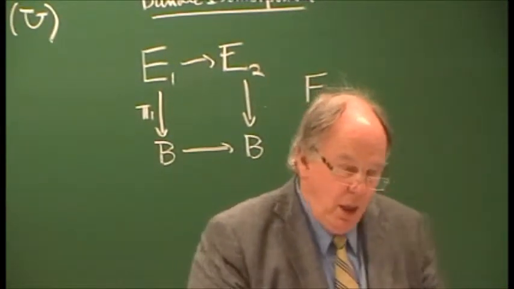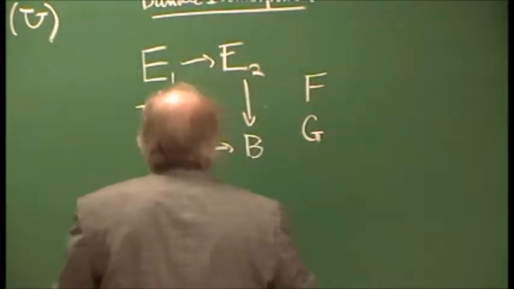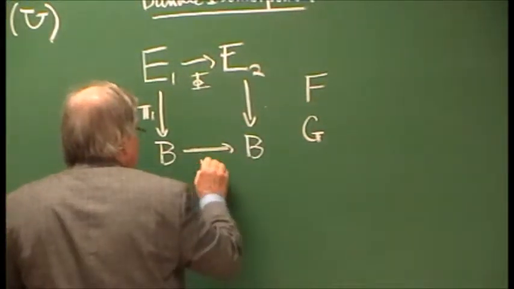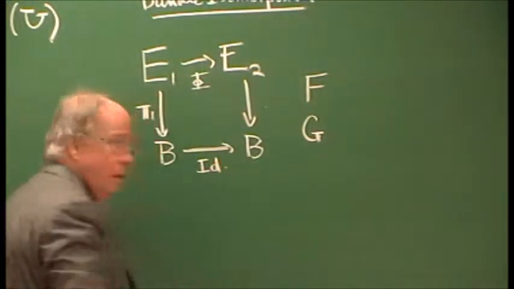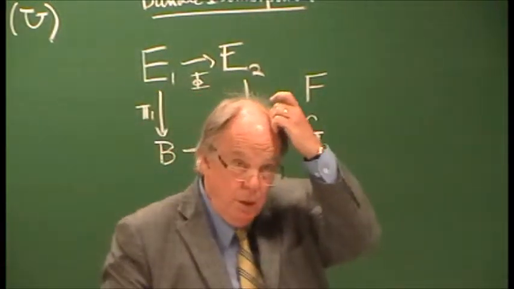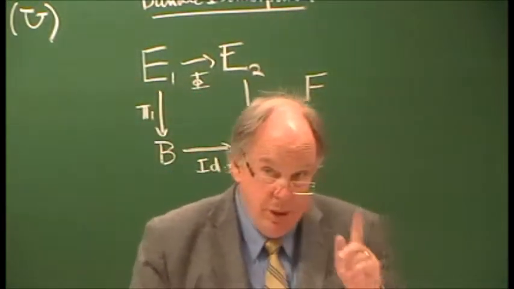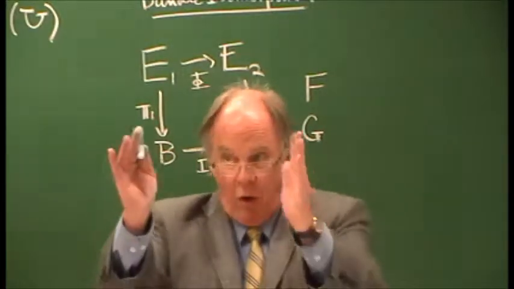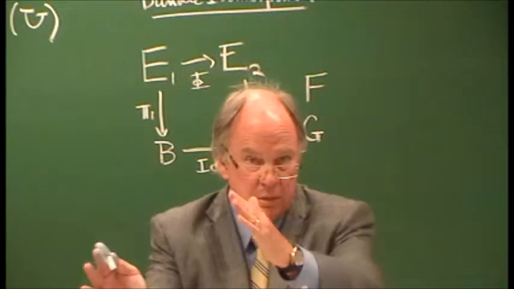A bundle isomorphism, let me call it a big phi, sits over the identity here. You understand, if something sits over the identity, only stuff is going on in the fibers.